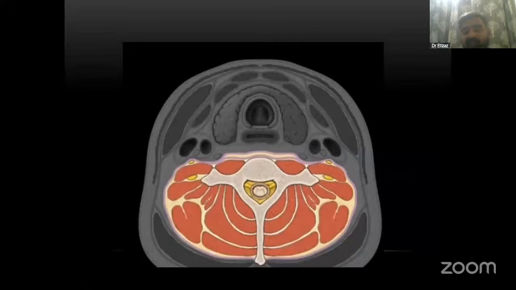You can see this is the transverse section that has been taken. This is the area. This is what? Can anyone interpret?